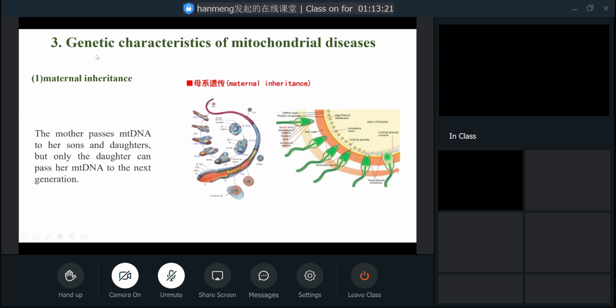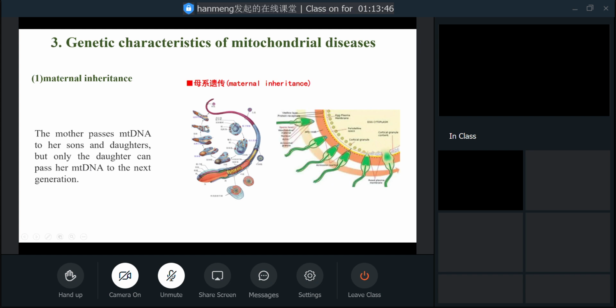Finally, we will see the genetic characteristics of mitochondrial disease. The first famous character is maternal inheritance. In Chinese, it's named 母系遗传, the maternal inheritance.